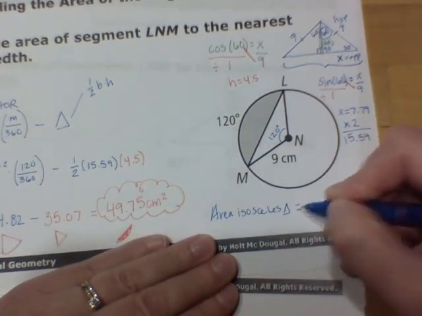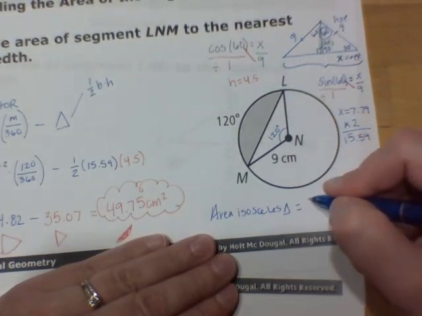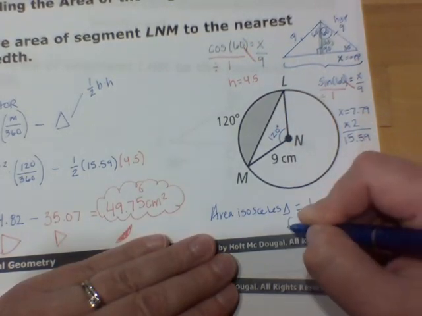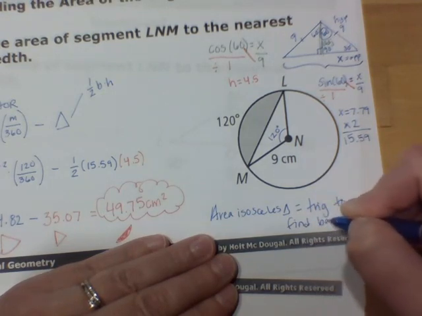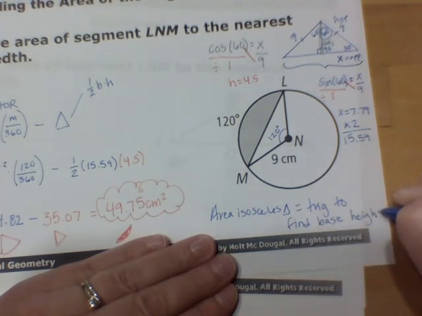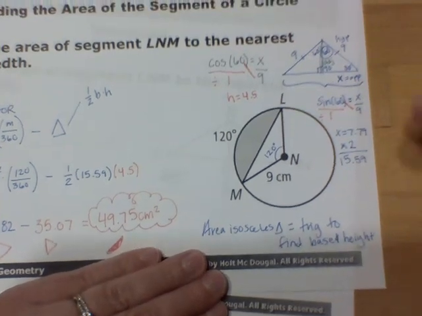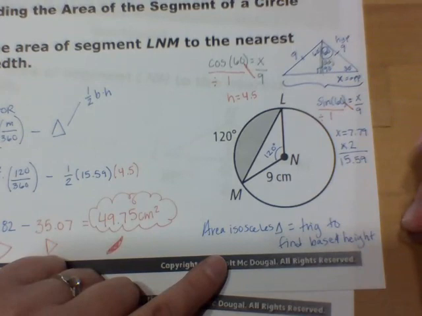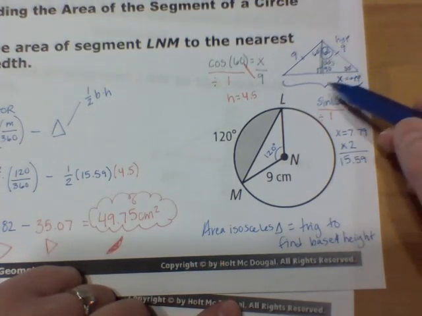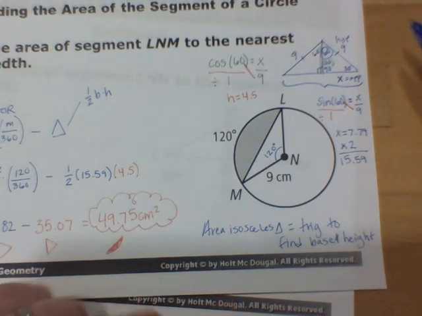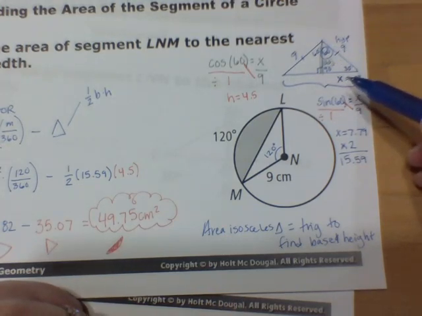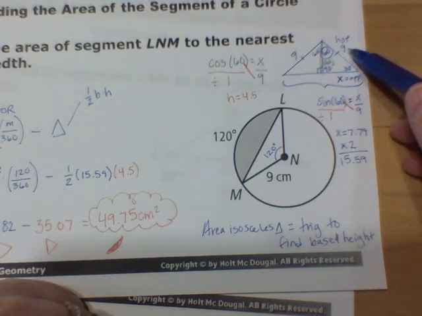It seemed that we ended up using trig to find the base and the height. Again, you could have used a special right triangle as well, knowing that in a 30, 60, 90, your opposite side is, what is this? 30, so your height then is this opposite side, the square root of 3 times your 9, or your side length.